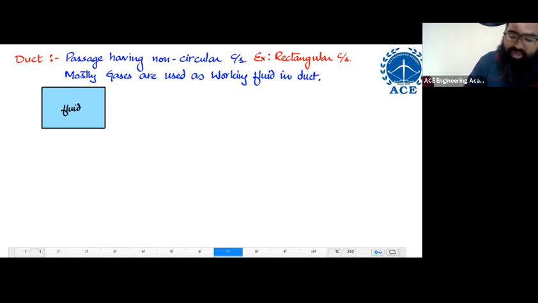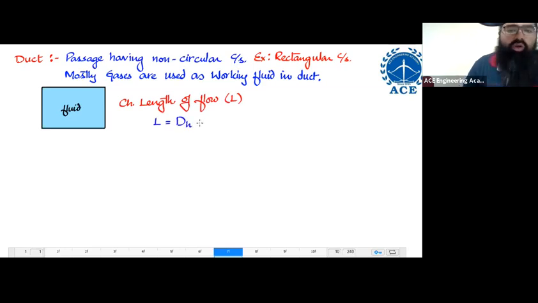Over here, the characteristic length of flow, L, is equal to how much? What is the value of this L? L over here is given by the hydraulic diameter, dH.